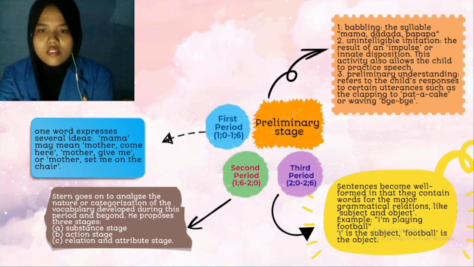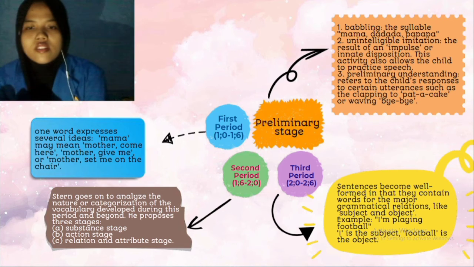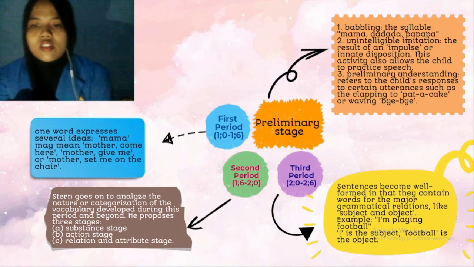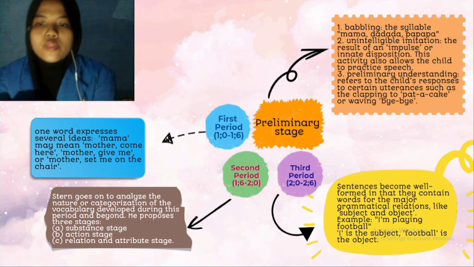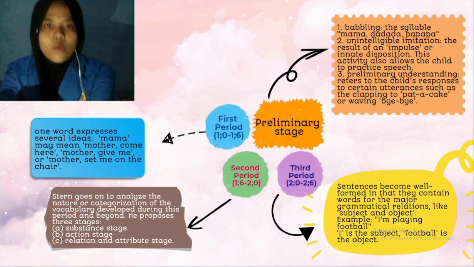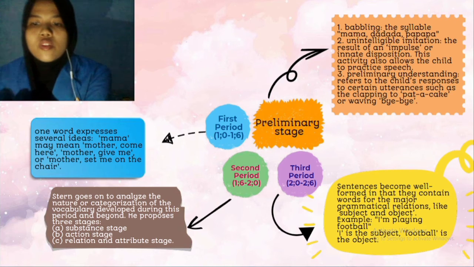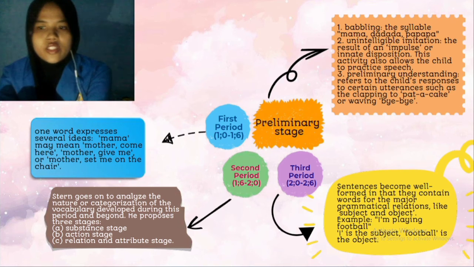It is the third period. Beforehand, I have explained the fourth period, so I just explained until the third period. In the third period, the sentences that the children produce become well formed in that they contain words for the major grammatical relations.